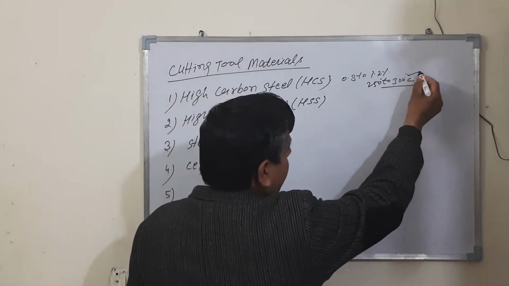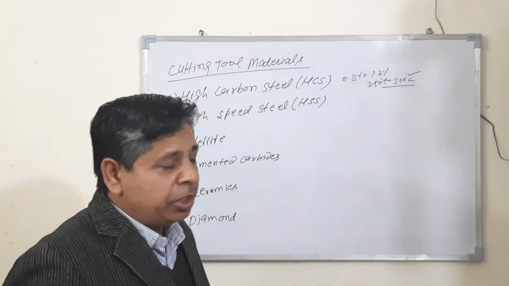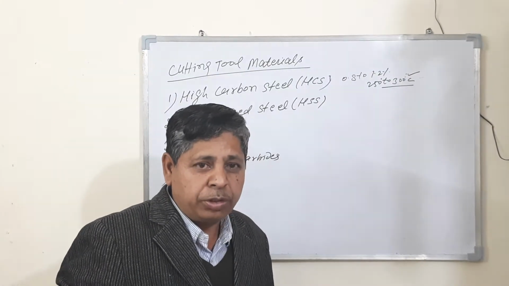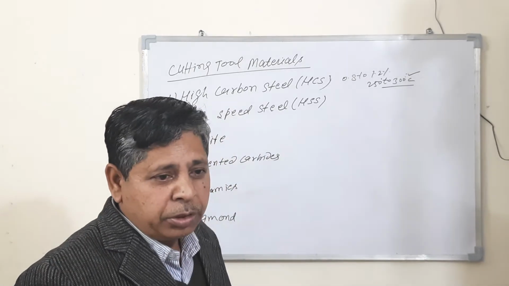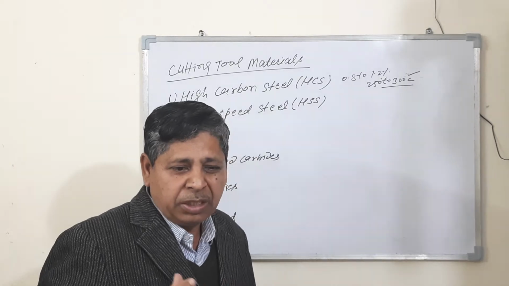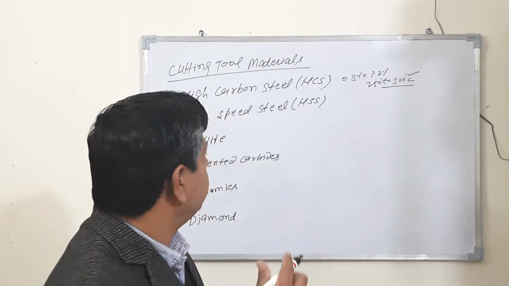Due to this temperature limit, the high carbon steel tool is not considered for cutting tools. It is only used for carpentry tools, striking tools, chisels, and also in sheet metal work, such as scissors to cut the sheet.